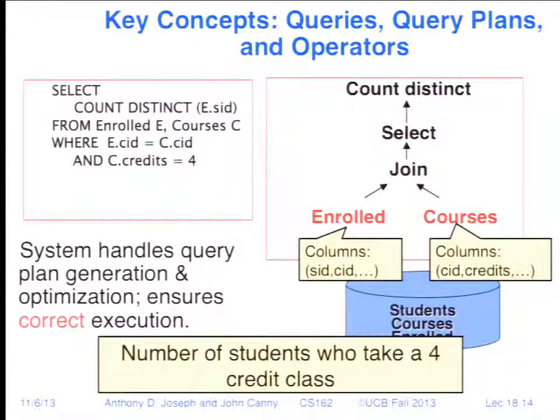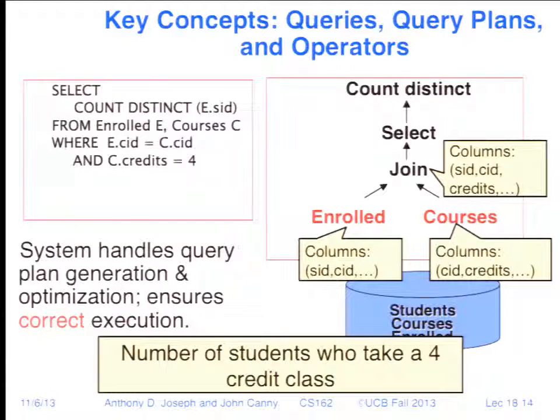Okay, so the columns coming up from the two tables are listed here. The join is going to produce a union of all the columns with just one CID field because they've been matched between the two tables. That's going to go up to the select, which is going to apply the predicate filter. And count distinct is going to need them to be sorted by SID so that it can count contiguous blocks.